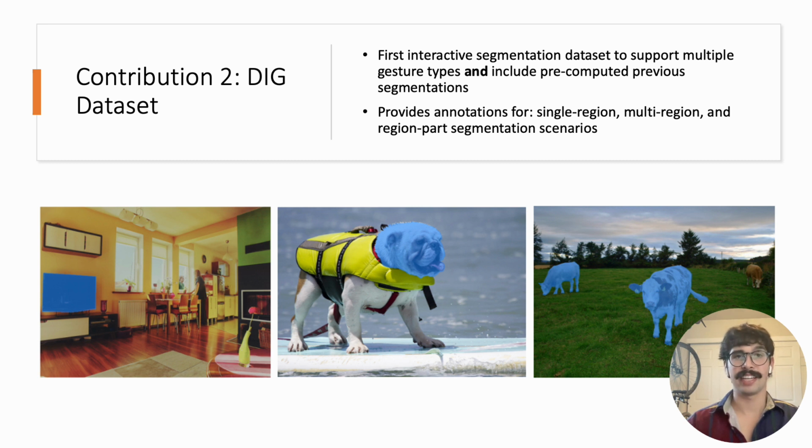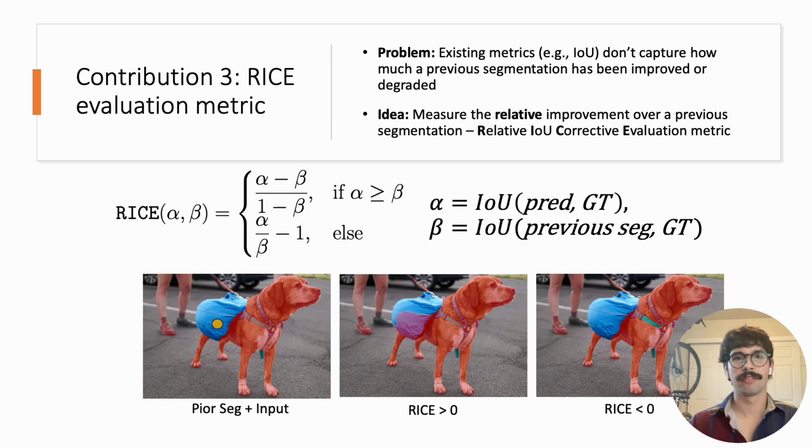Among these annotations, we support scenarios such as single region, like if you only want to select the TV on the left, region part, if you only want to select the head of the dog, and multi-region, if you want to select, say, 2 cows in a field of cows. In addition to this, we also provide annotations and ground truths for corrections within our pre-computed previous segmentations.